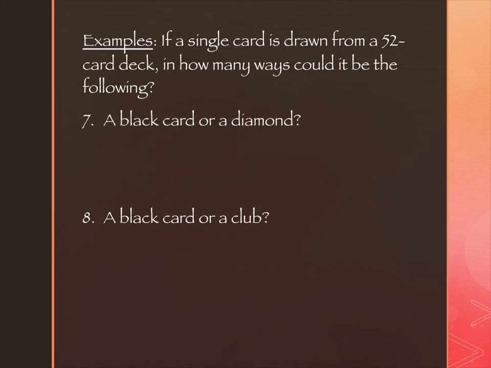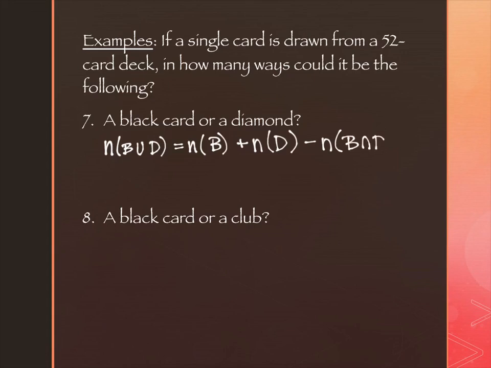Black card or a diamond. So the number of ways that I get black, union, diamond. Feel free to write words out in full if you prefer. The number of ways I get black, plus the number of ways that I get diamonds, minus the number of ways that I get a black and a diamond.